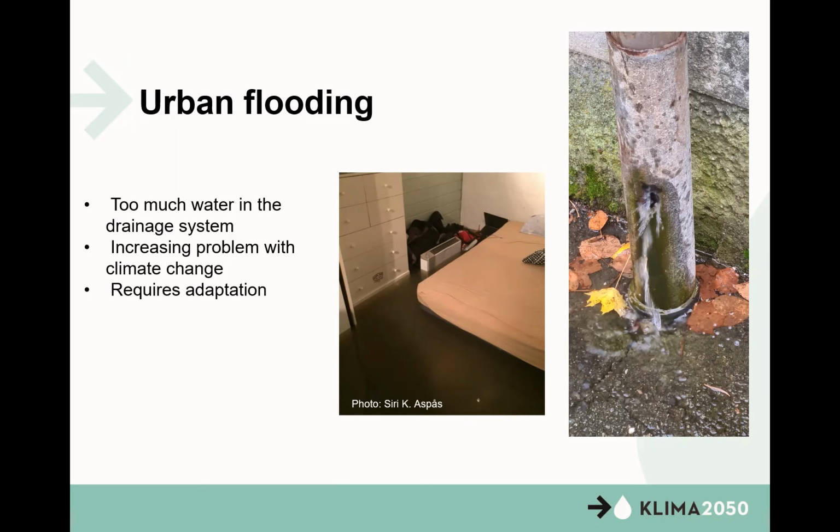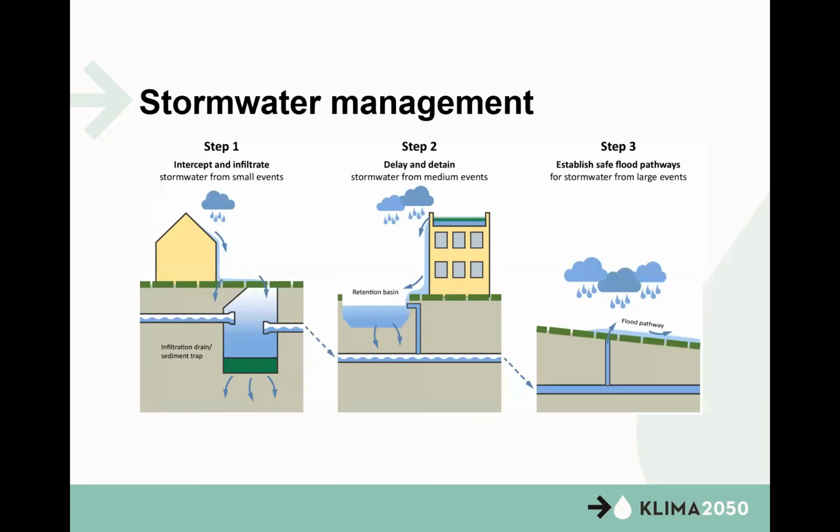So there are quite strict regulations about what to do here. Here's the Norwegian three-part strategy for stormwater management, where you're required to intercept and infiltrate stormwater for small events. There's a limit to how much water your plot or size of land can put into the stormwater drainage system.